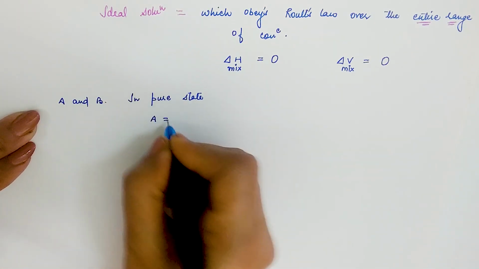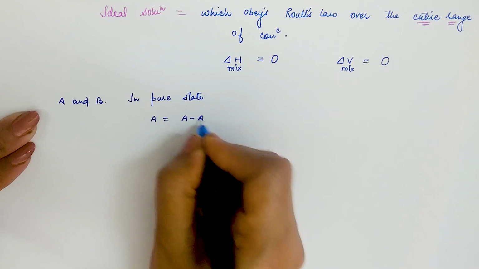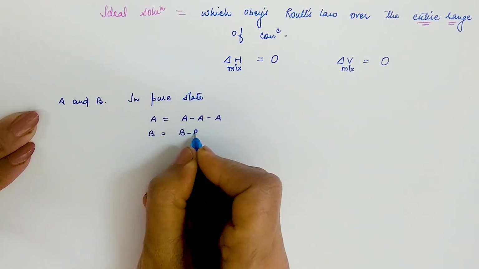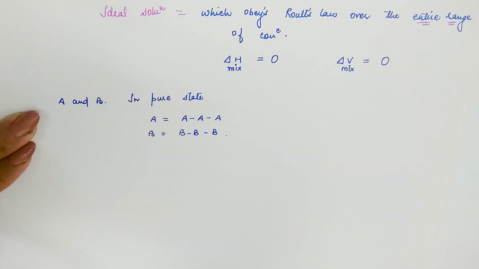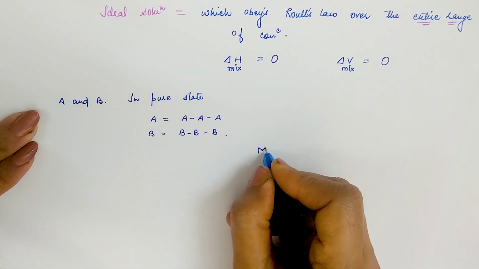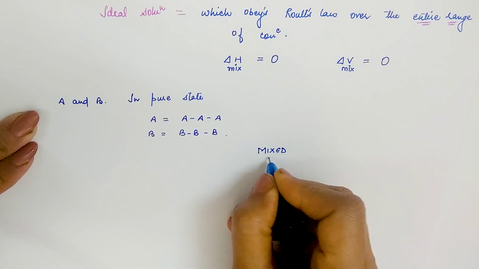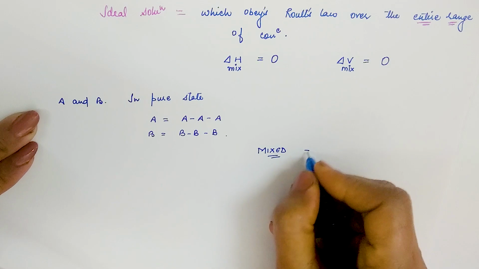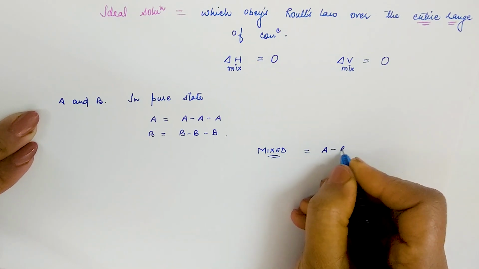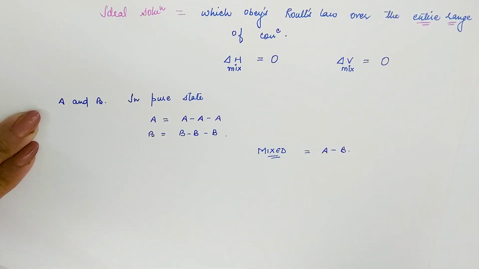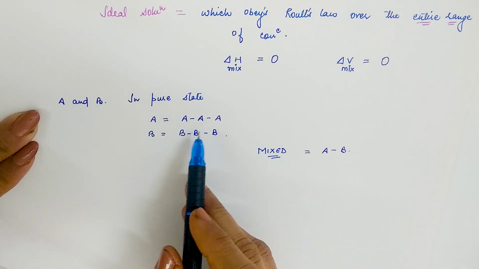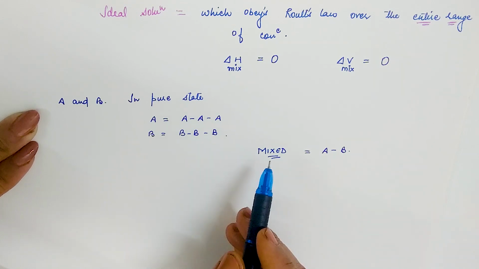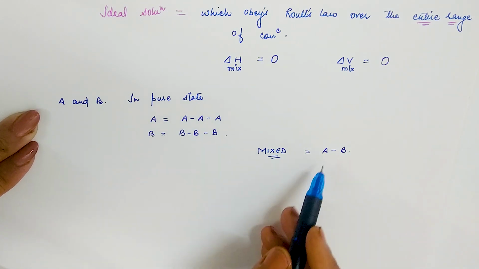A is having the intermolecular forces as A, and B is having the intermolecular forces as B. Yes or no? When they are mixed, what will happen? This and this will also mix together. So now when they are mixed, there are intermolecular forces between A and B. In the pure state, there is only AA forces, and when it is B, it is only BB forces. But when they are mixed, the forces are of the type AB.